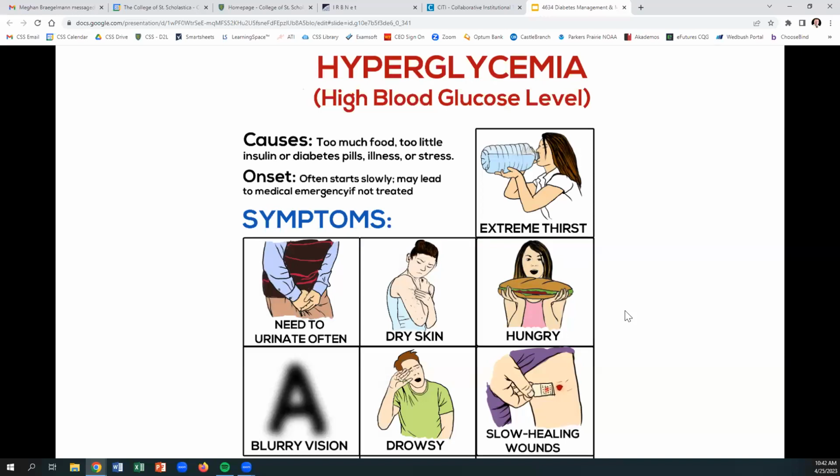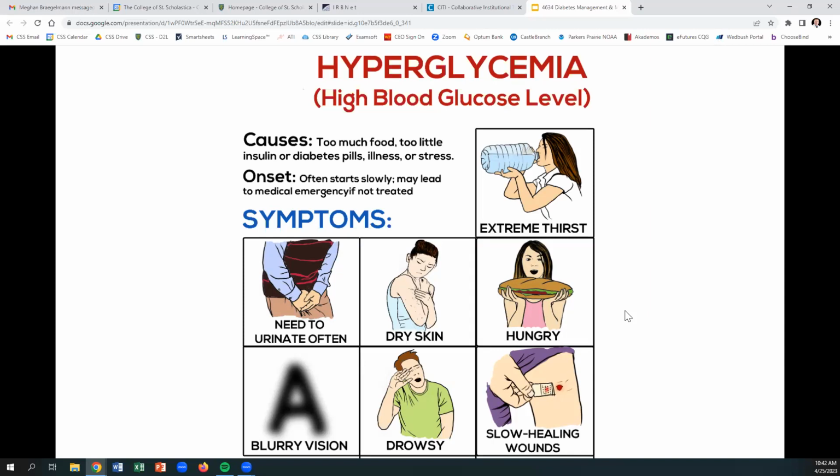But people with really high blood sugar, they need to pee a lot, right? They have extreme thirst, and they're hungry. And so remember the 3 P's here. Polydipsia is extreme thirst. Polyuria is the need to urinate often.